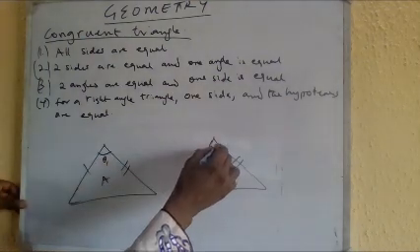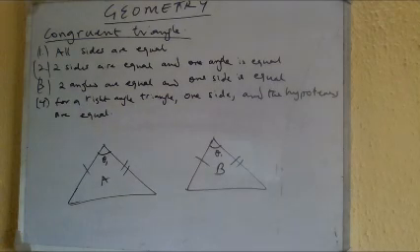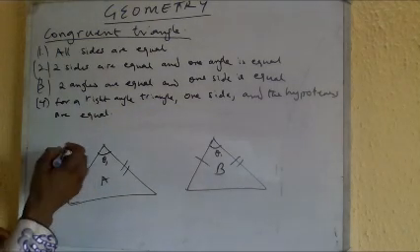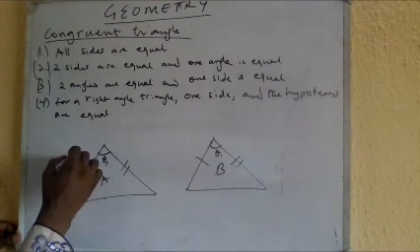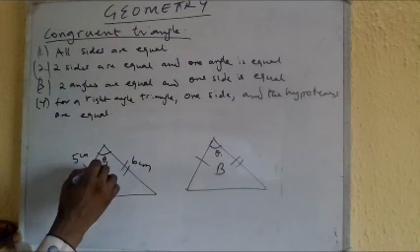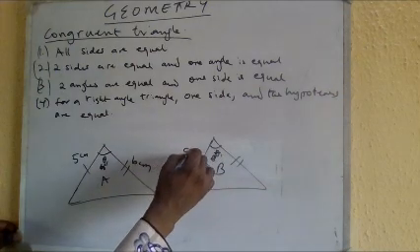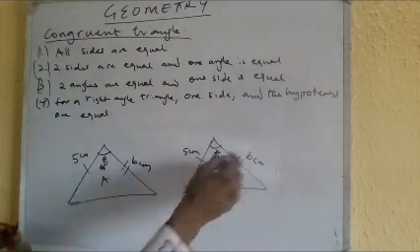If I have this condition, they are also congruent. If I put 5 cm here, 6 cm here, and 60 degrees here and here, for instance, I'm just giving an example, it means that these triangles are congruent, right?